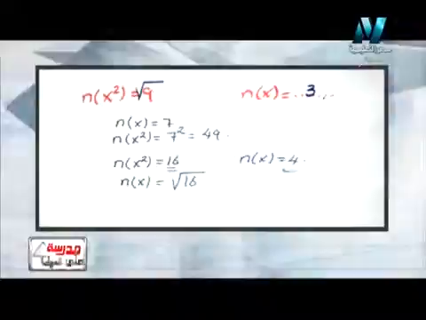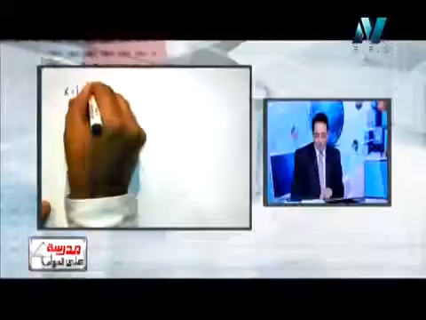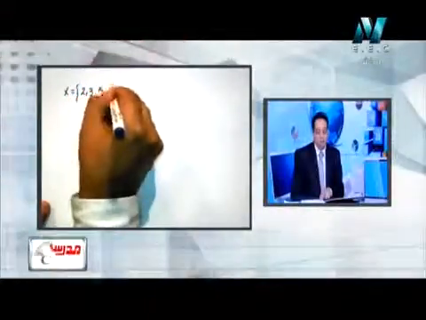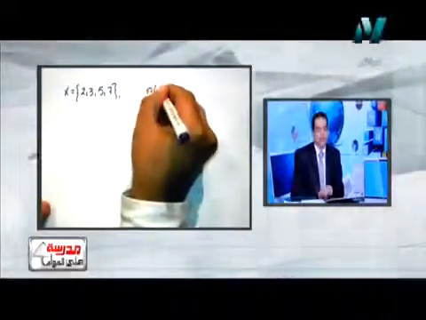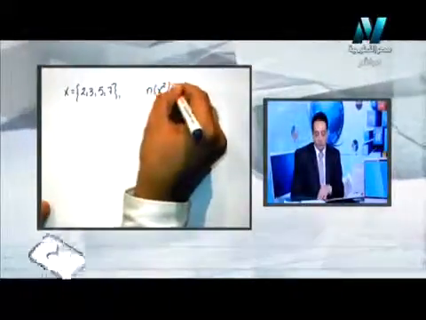Okay. All right. x equals a set of 2, 3, 5, and 7. Then n of x squared equals what? Fine.